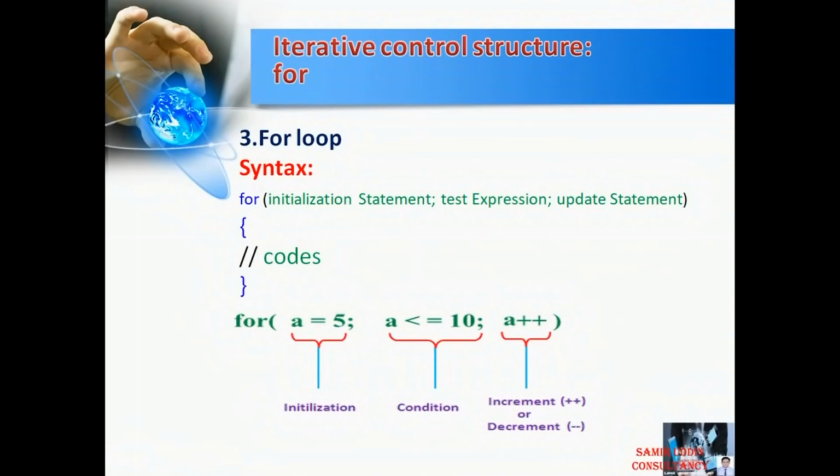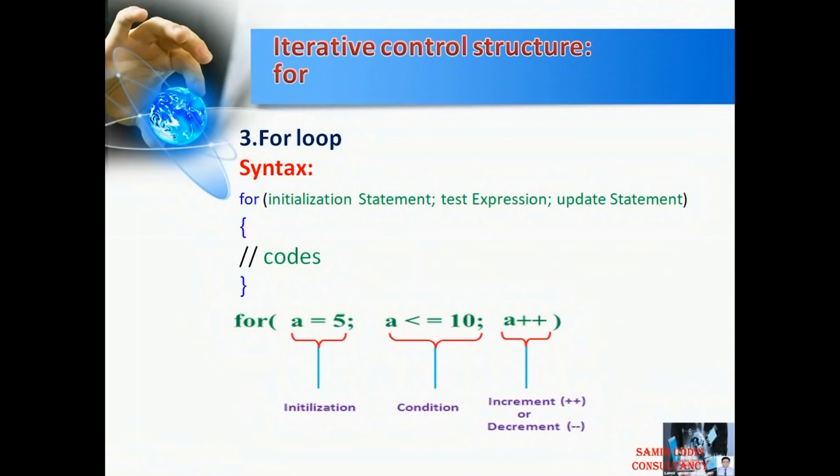These three things we can write in a compact way within a for loop. Let me show you the syntax of the for loop. Here you can see that firstly we initialize the variable, then check the condition, and then we can use an increment or decrement operator according to the problem.